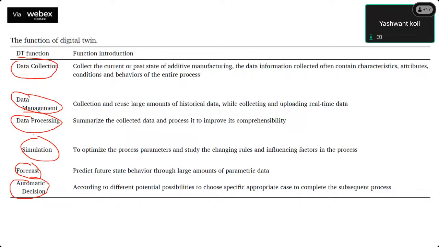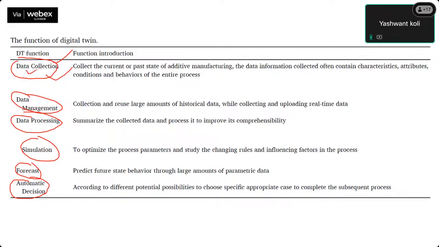The actual data can be collected through the data collection mode. This relies on IoT and sensors to capture the WAM physical state, which forms the foundation of higher level functions.